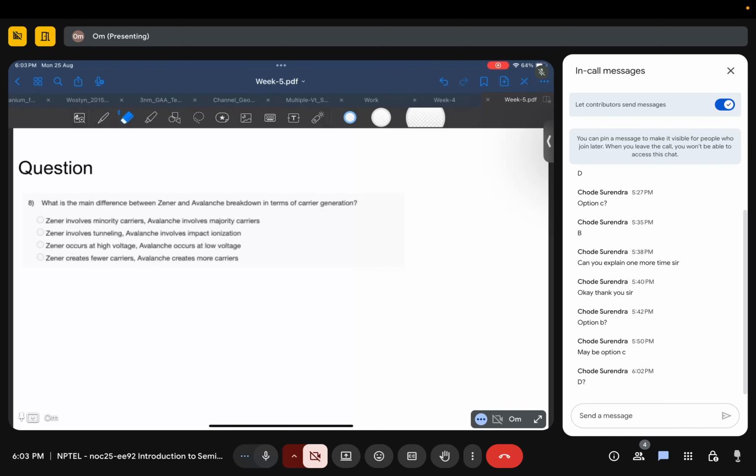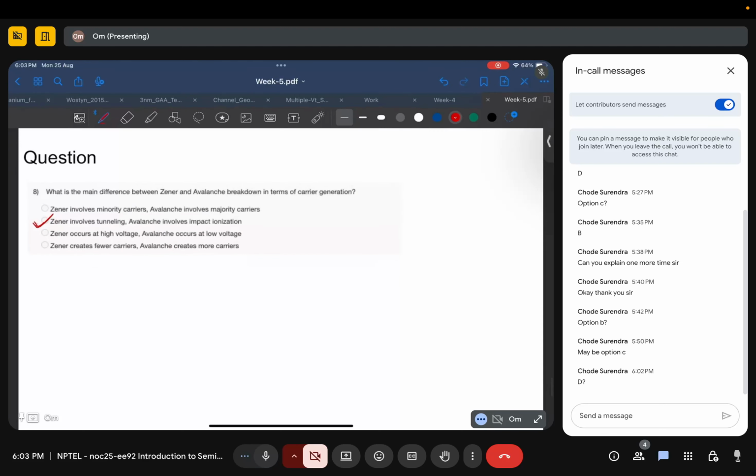Okay, so the correct answer is option B. Zener involves tunneling, avalanche involves impact ionization. I think this is explained in the last video of this week. What happens in a Zener diode is you have very high doping.